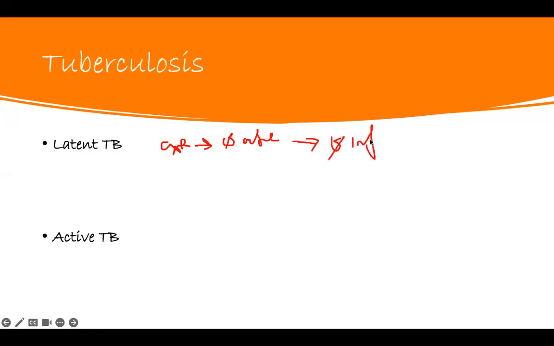Otherwise, we would all be in isolation. Just having latent TB, just testing PPD positive, you are not infectious or contagious, so you don't need to isolate them. They just have the bacteria in them, but the bacteria is latent.